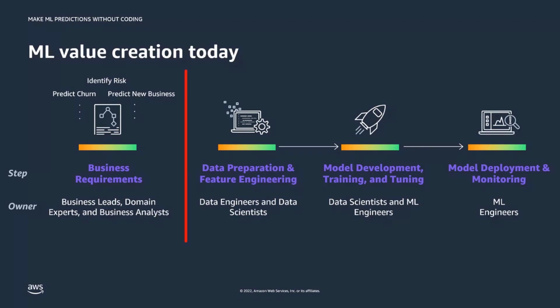And the reason they get stuck is there's a barrier to entry. The personas on the right are the ones who can help them give insights, but they're a scarce resource, right? And so the business analyst says, hey, data science teams, can you help me take a look at this problem? And the data science team says, well, we're really busy right now. We're helping a whole lot of people.